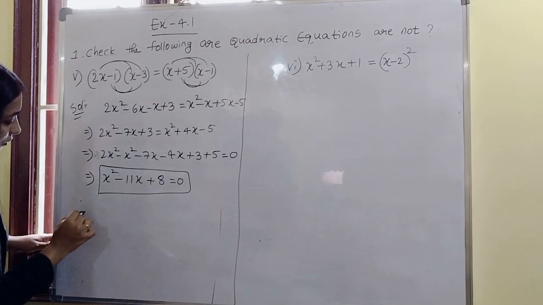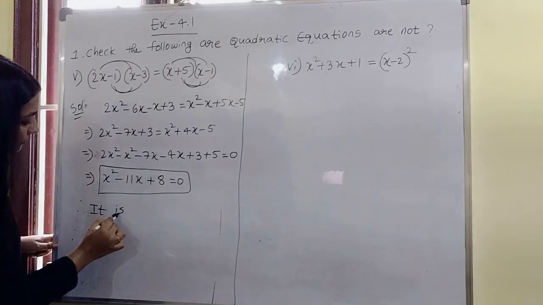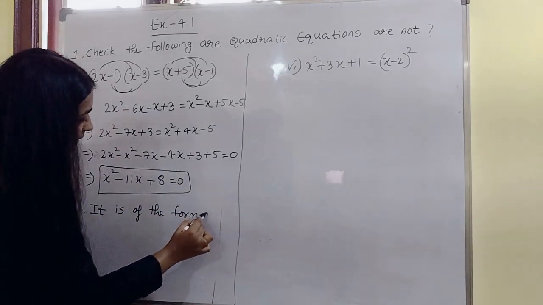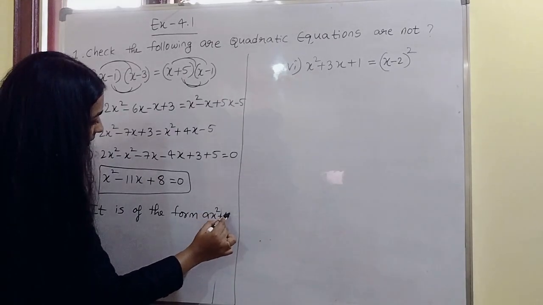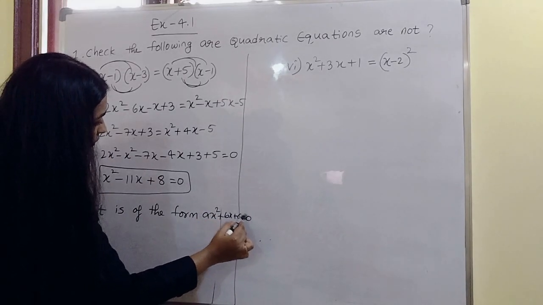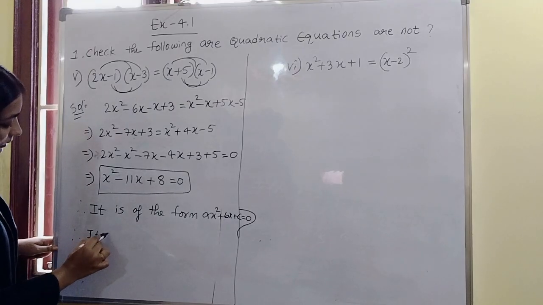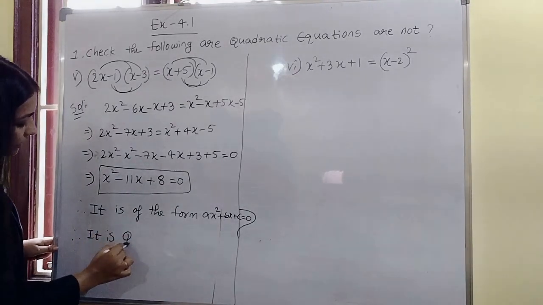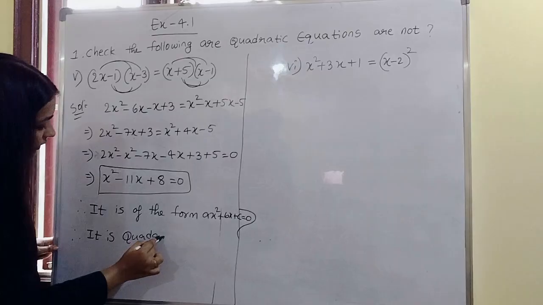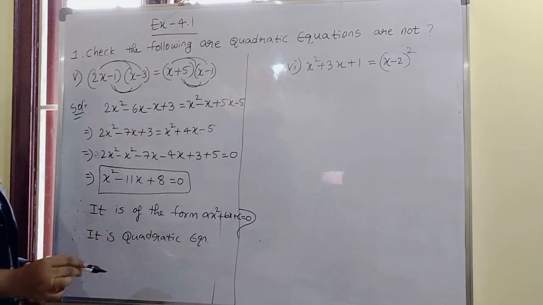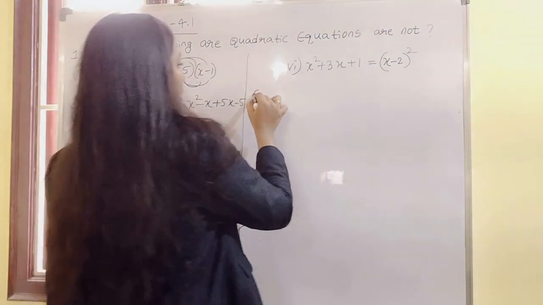So, it is of the form ax square plus bx plus c is equal to 0. So, therefore, it is a quadratic equation. Okay, clear?